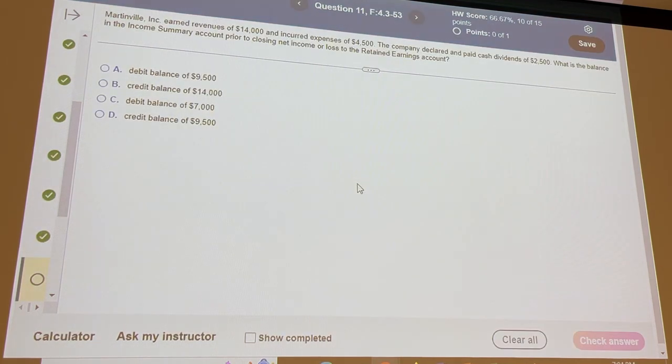Okay, Martinville Inc. earned revenues of $14,000 and incurred expenses of $4,500. The company declared and paid cash dividends of $2,500. What is the balance in the income summary account prior to closing net income or loss to the retained earnings account?